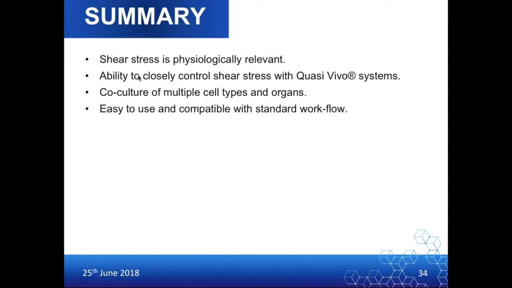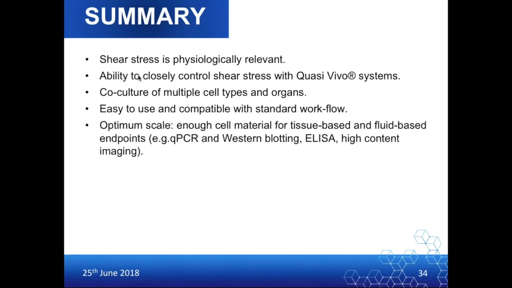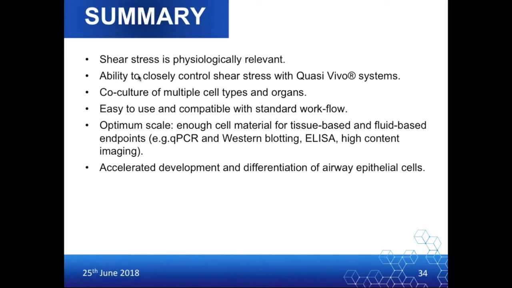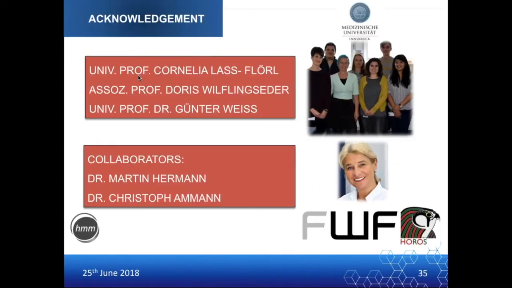It's an easy-to-use system and also compatible with the standard workflow, and we can also scale it up or down because we have enough cell material for tissue-based and also endpoint analysis. What we found within our system was an accelerated development and differentiation of the airway epithelial cells, as well as an increased efficiency of in vitro models with the Quasi Vivo system.